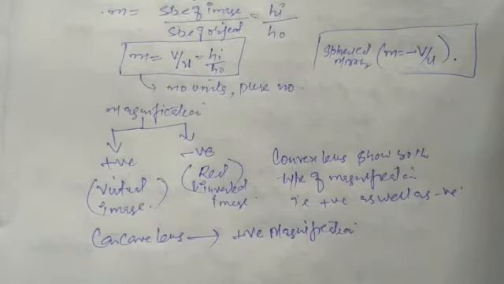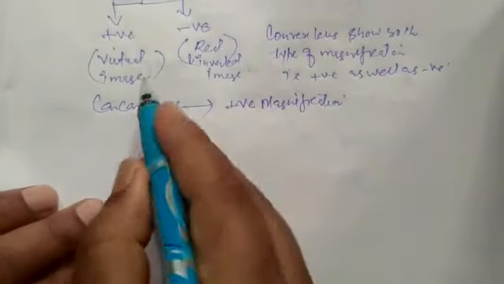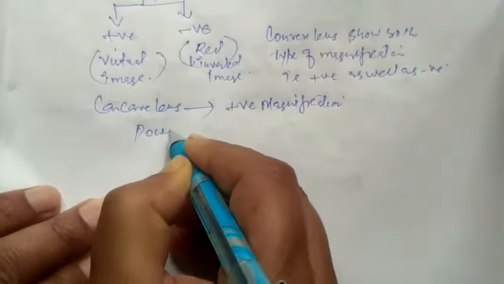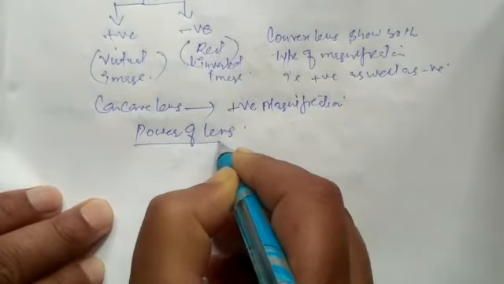Then after, we should have knowledge regarding power. Power of lens. What actually is power? We know when the rays of light fall on the lens, they either converge them or diverge. Convex lens converges them and concave lens diverges them.